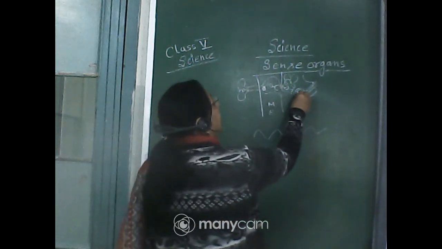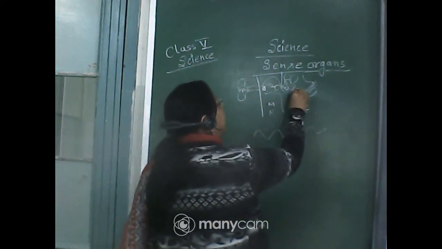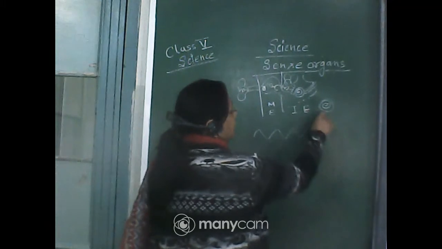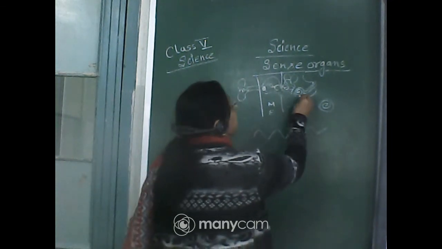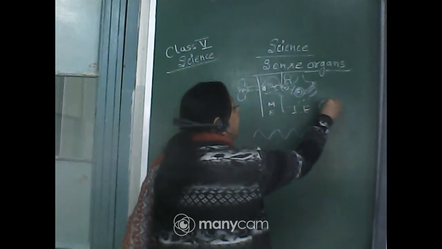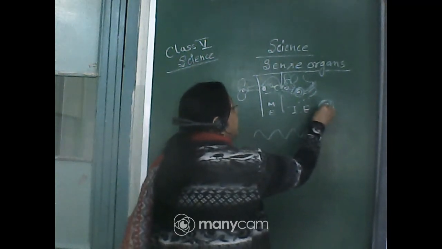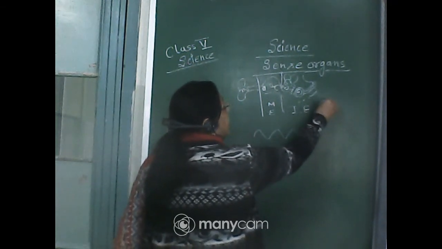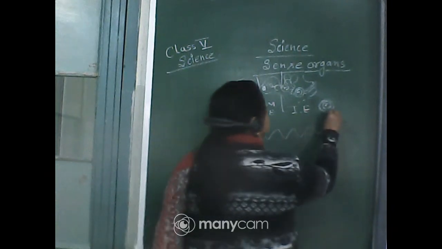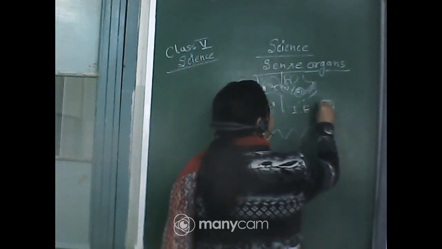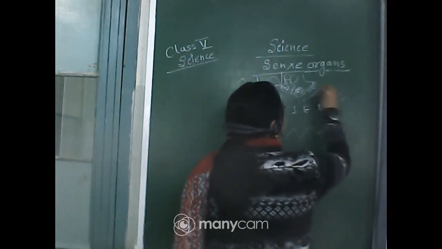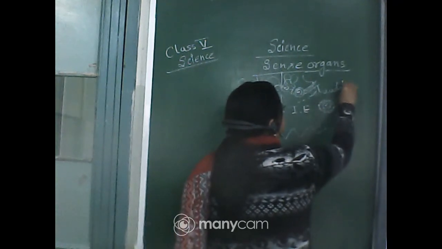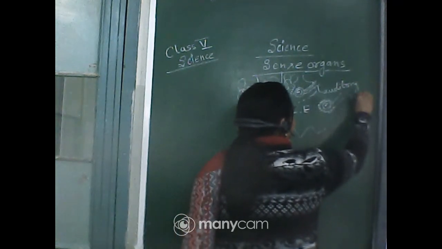This is the 2.5 round structure. It is just like a snail. So this is the cochlea, and in this cochlea there is liquid filled. The liquid is vibrated, and there are some pigments present which carry the message to the auditory nerves.